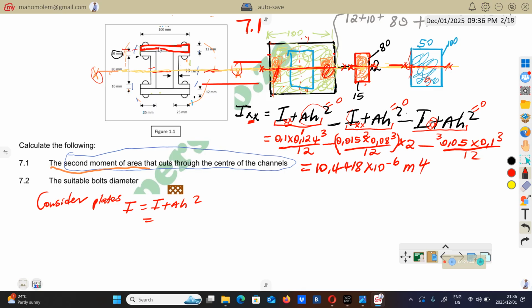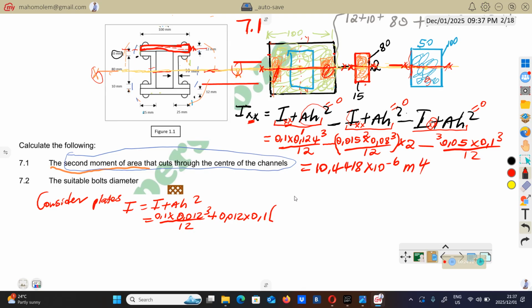Remember your parallel axis for this box will cross like this. Then the side parallel to that is going to be 100, 0.1, multiplied by the perpendicular side, which is 12, 0.012, as this side here is 12. Plus the area, which is 0.012 multiplied by 100.